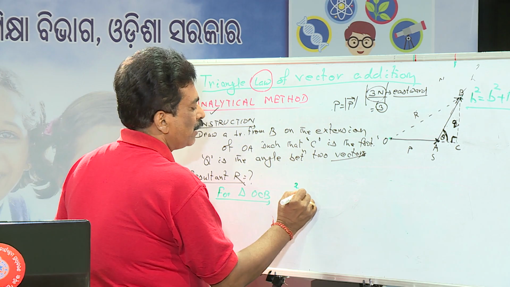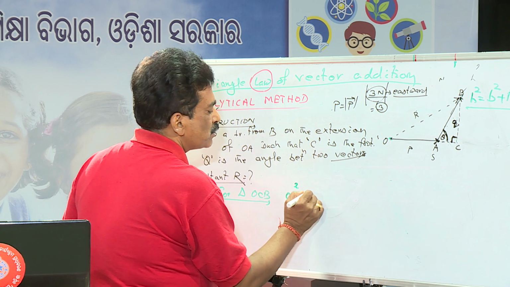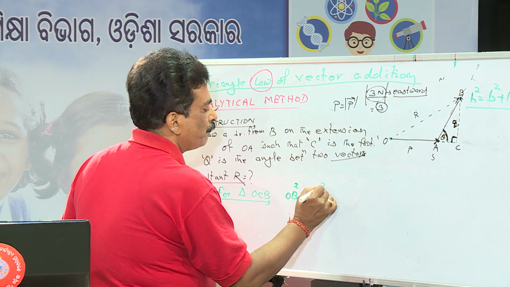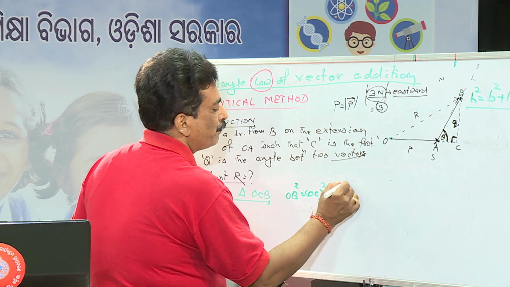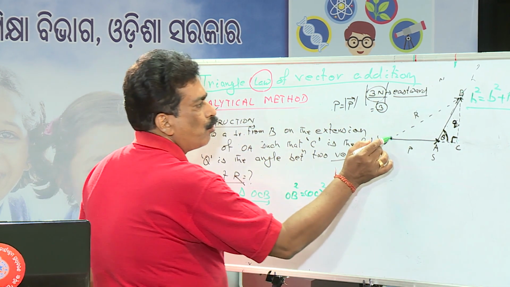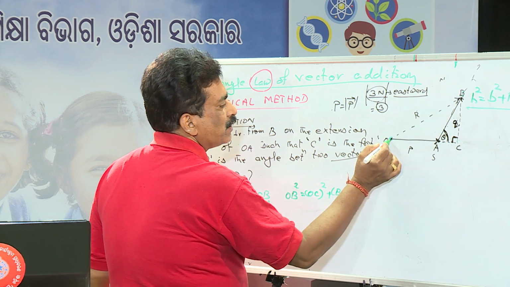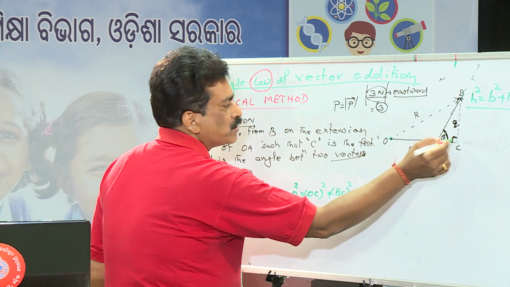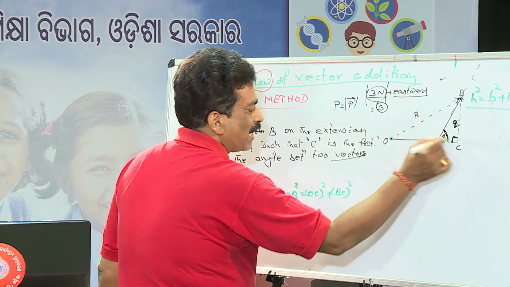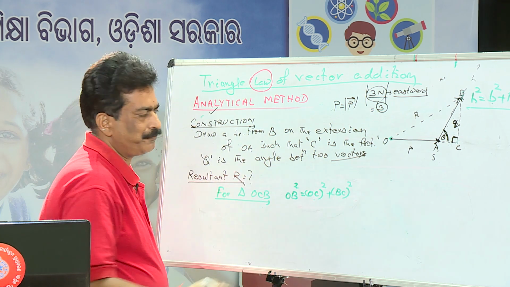So OB square is equal to OC square plus BC square. Clear, my students? OB square is equal to OC square plus BC square. This OC is the base, so that square is b square.